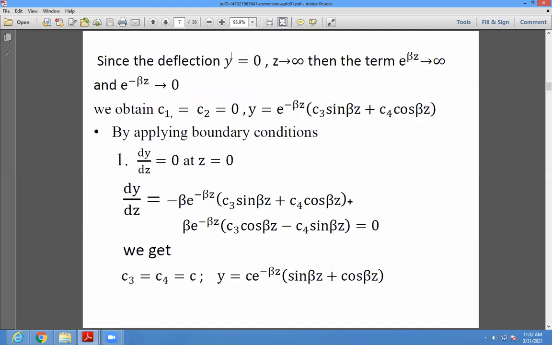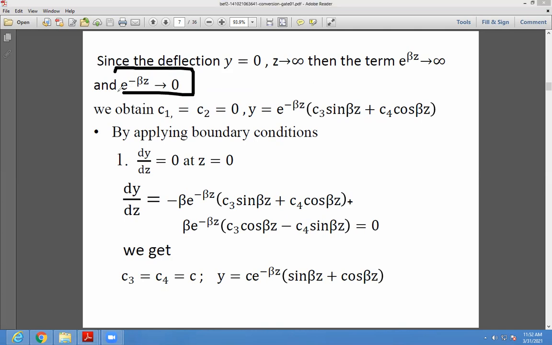Now putting the boundary conditions, since the deflection delta, or y, is equal to 0 when z is infinity, the term e raised to beta z tends to infinity and e raised to minus beta z tends to 0.